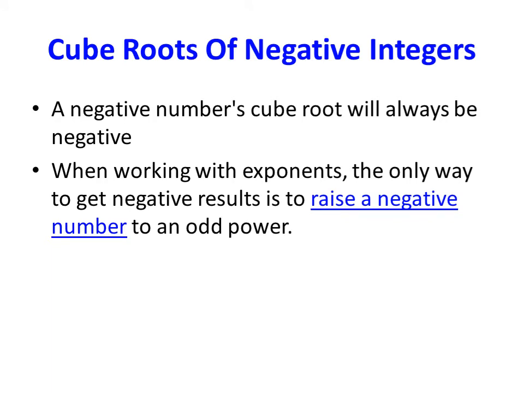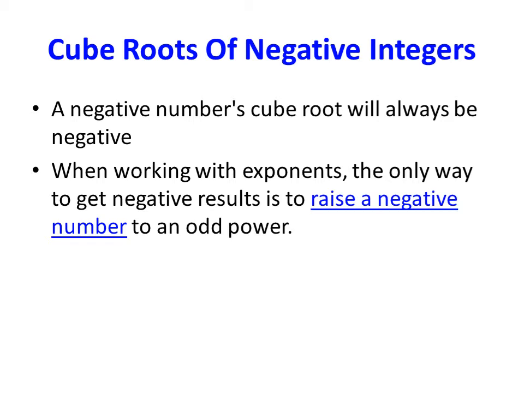When working with exponents, the only way to get a negative result is to raise a negative number to an odd power. We have learned laws of exponents in our previous grade 7, and we learned that when a negative base is raised to an odd power, then our result is always negative.